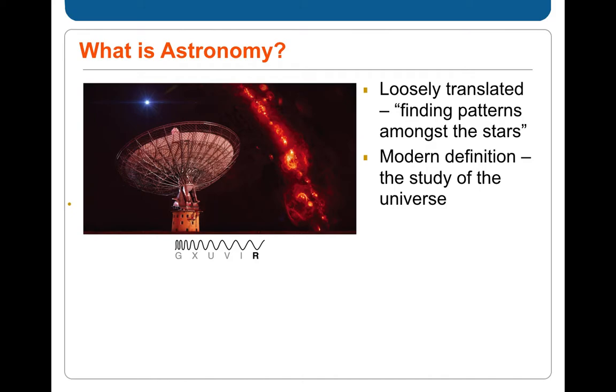So we don't go there, but we collect light that carries information about the processes in which the light was produced, and by doing so we can infer their properties. We can infer how fast they rotate, how hot they are, and also if they are in the process of colliding or not.